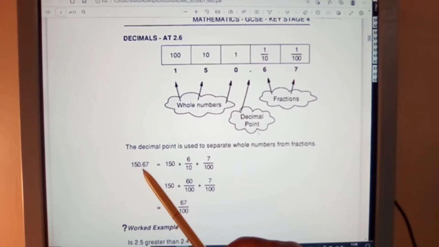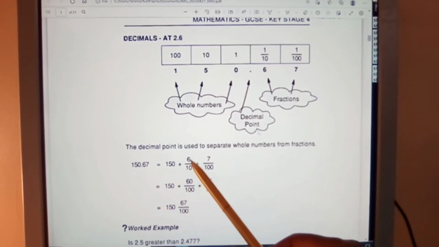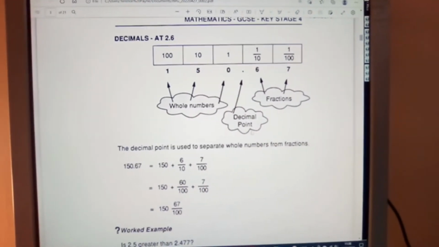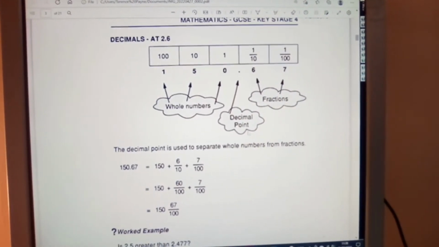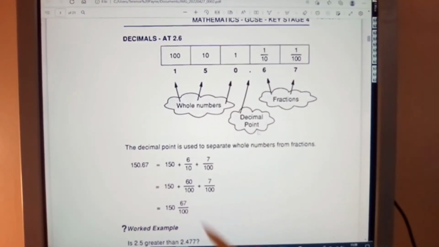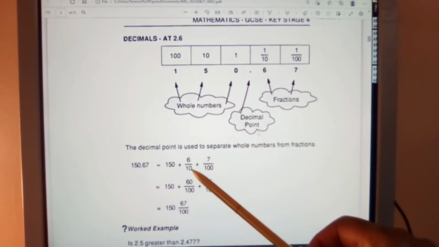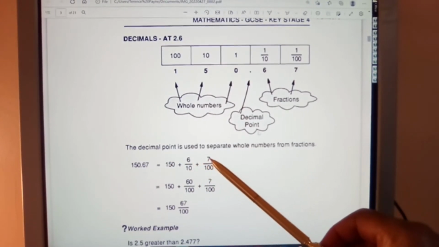So 150.67 equals 150 plus 6 over 10 plus 7 over 100. So this number here is actually 6/10, and this here is 7/100.